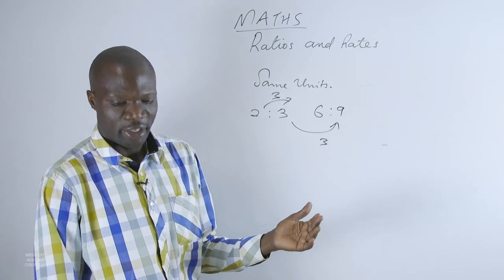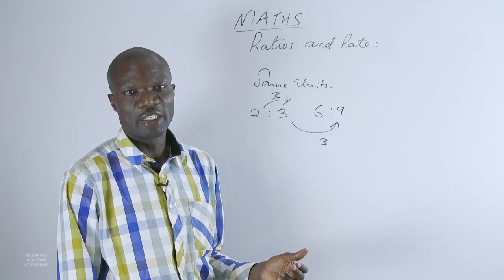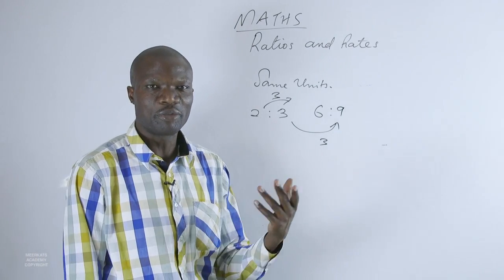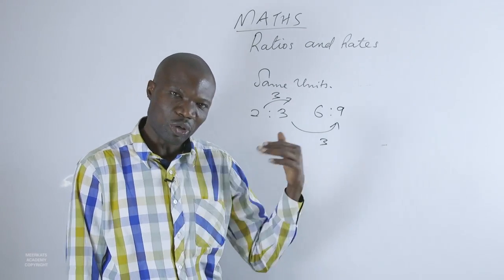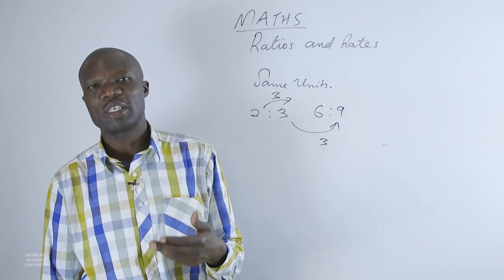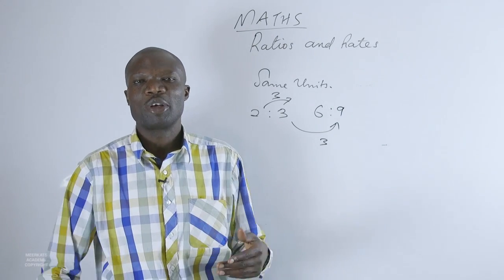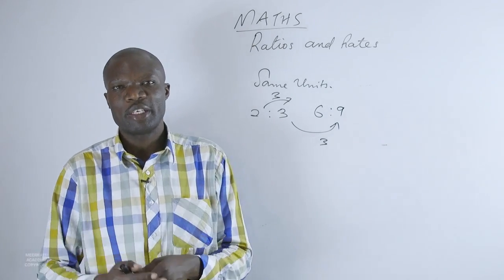So generally, we can see that the idea of ratio is a bit friendly because it's what we come across. The questions we are going to look at are questions that we always meet in our daily lives. Only the difference now is we are required to calculate.